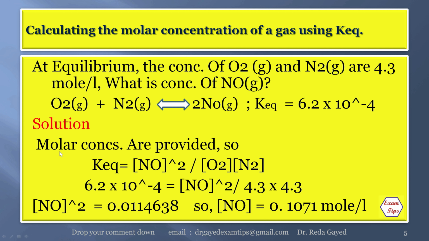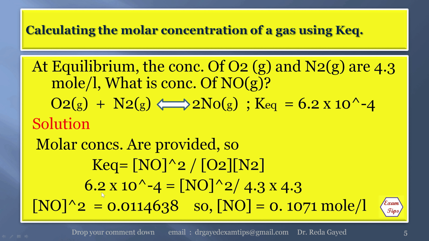The solution. The molar concentration is provided, it is given here. So K here is nitrogen oxide to the power of its coefficient, which is 2. Look, nitrogen oxide to the power 2 over oxygen to the power 1, since the coefficient here is 1, and nitrogen's coefficient is 1.